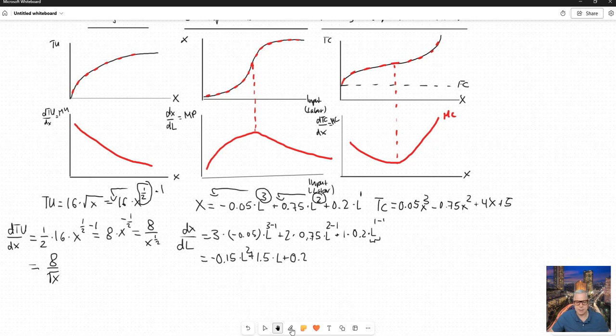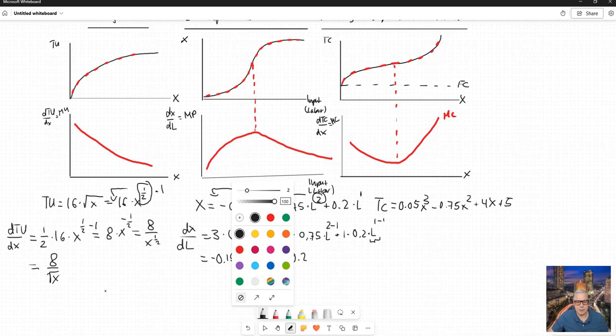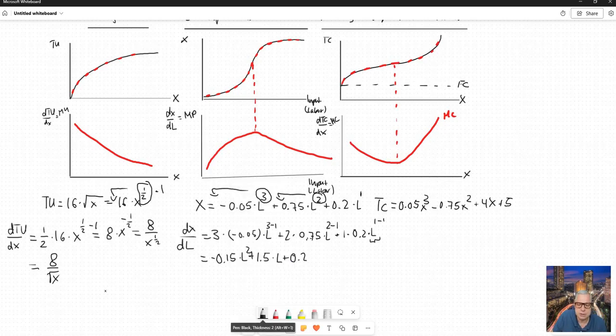Now we take the derivative of the total cost function and derive the marginal cost function. That is the change in total cost with respect to the output. That's the marginal cost.